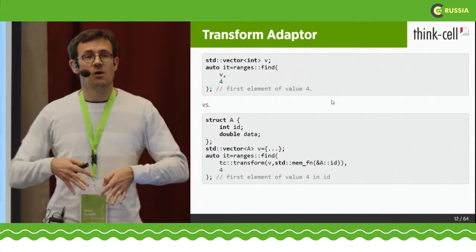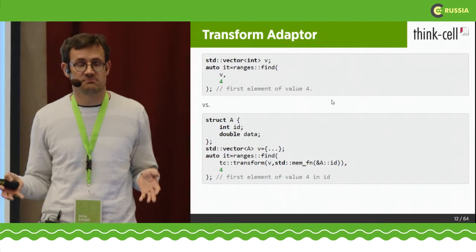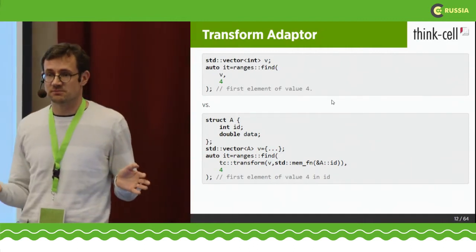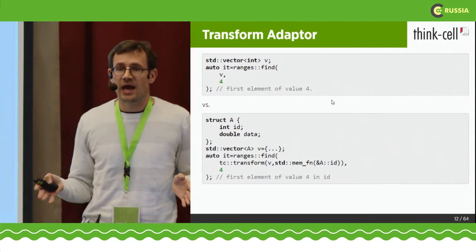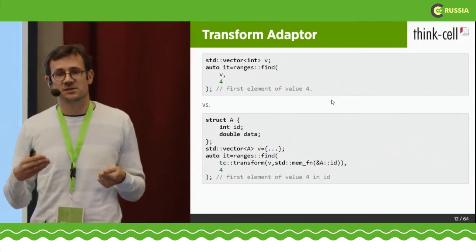The vector gets wrapped into an object, but nothing gets executed. The structs, the elements stay as they are. And only when you then iterate over that transformed range, with every dereferencing of an iterator, you will actually invoke your mapping function and do the actual transformation.